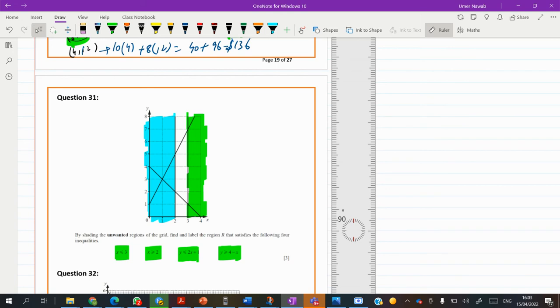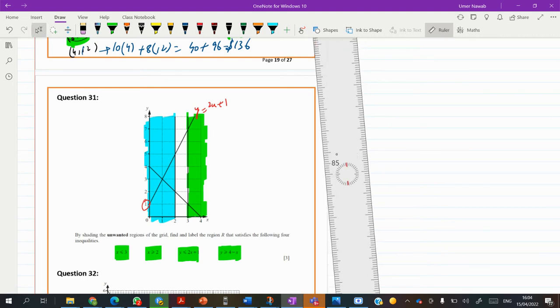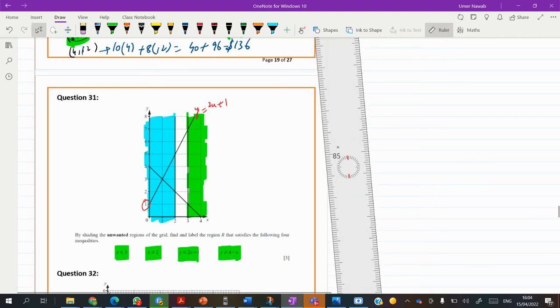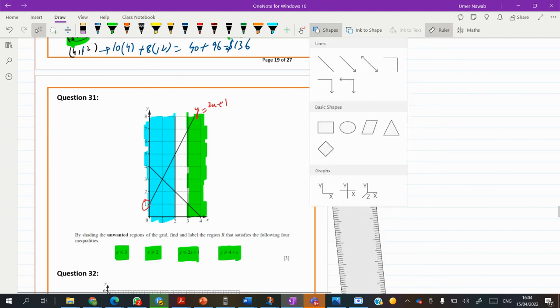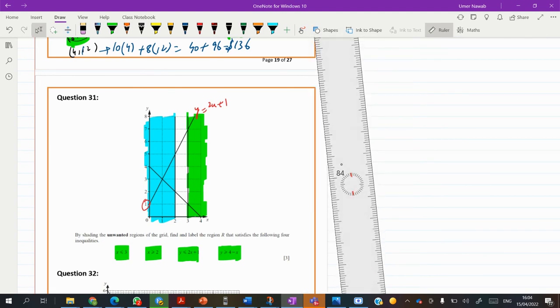Now next is the line y equals 2x plus 1. This line is y equal to 2x plus 1 because the y-intercept is 1. Less than or equal to means the downward portion is wanted, the upward portion is unwanted. So I'm gonna just, guys, shade. Hold on. What happens?